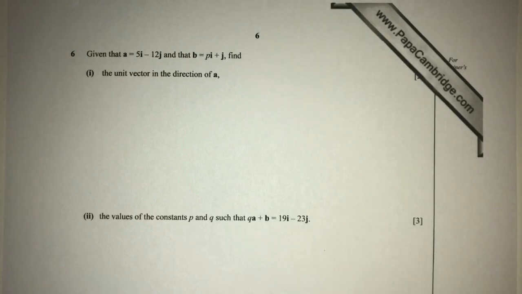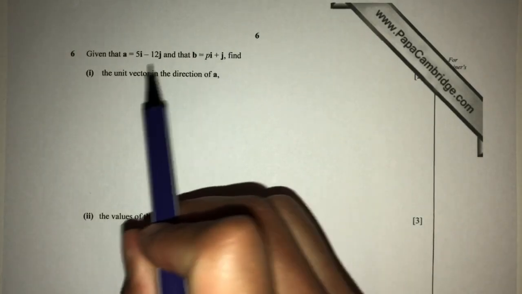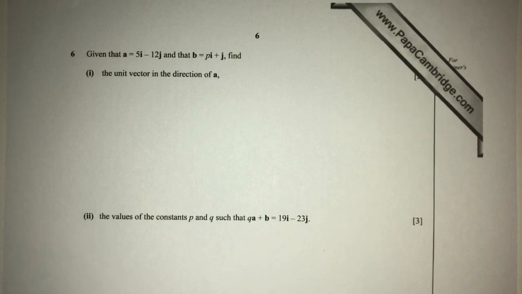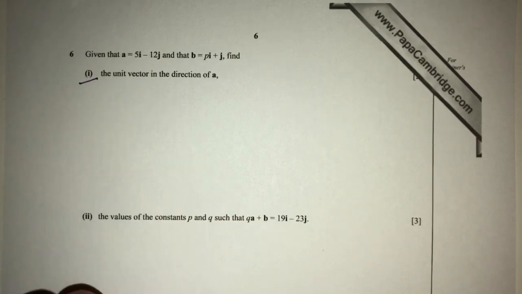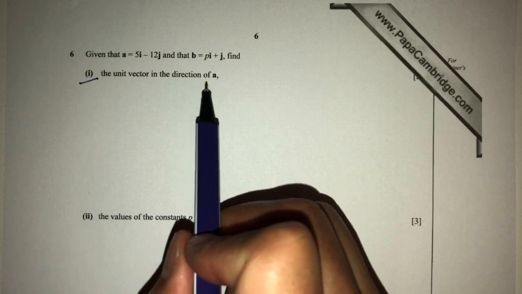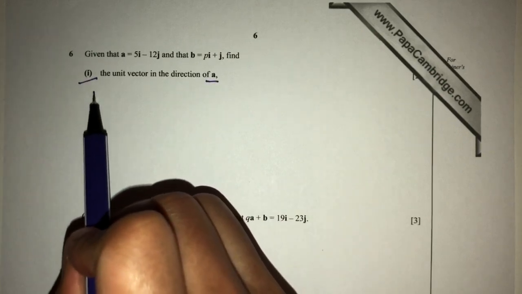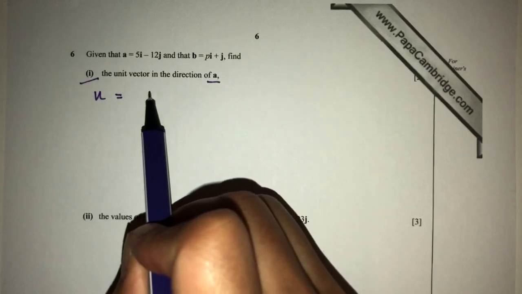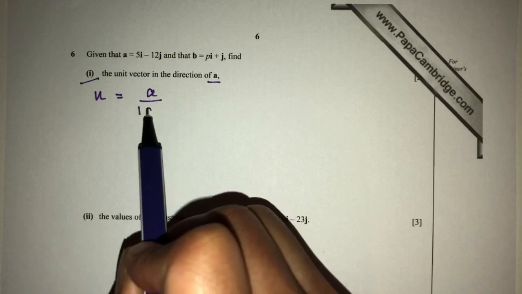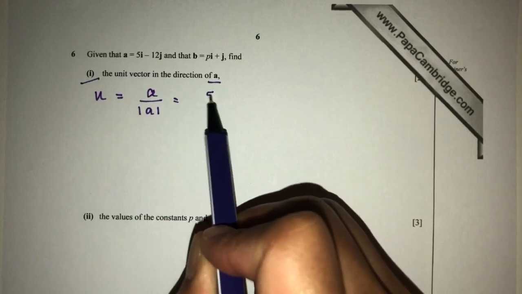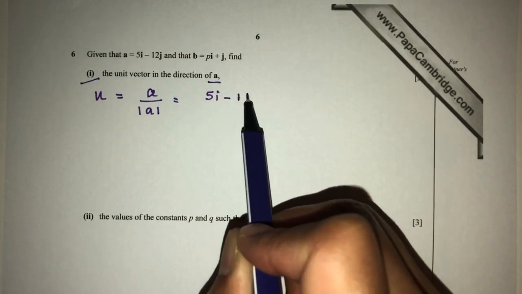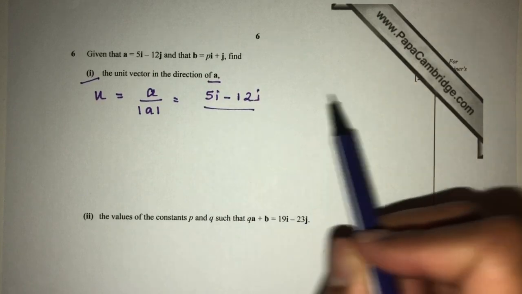Now let's move on to question number 6. So given that a is equal to this and b equal to this, these are two vectors, as you can see. Part 1, we have to find the unit vector in the direction of a. So pretty easy. Unit vector is equal to the vector a divided by its magnitude. That will be a is 5i minus 12j. And what is the magnitude of a?